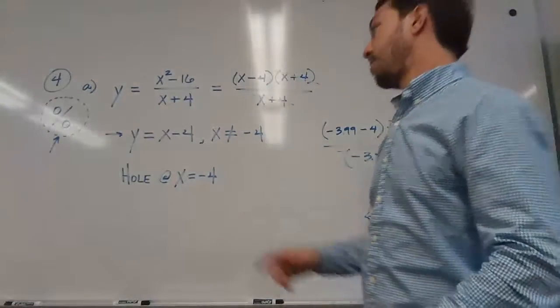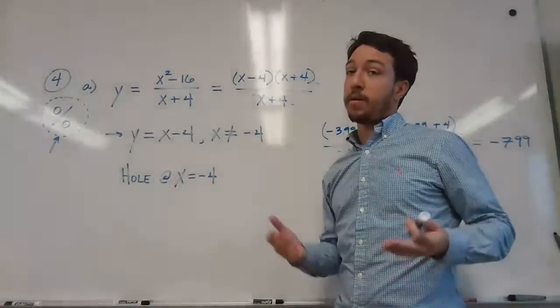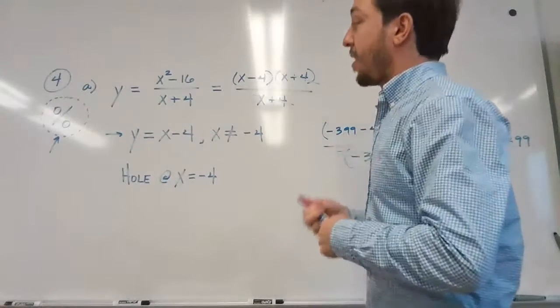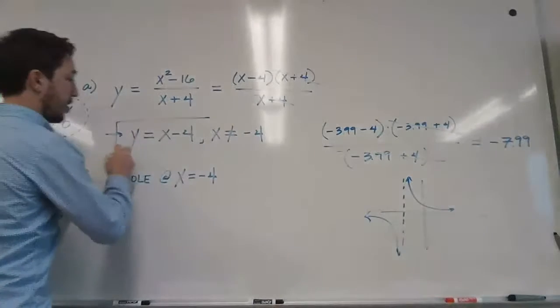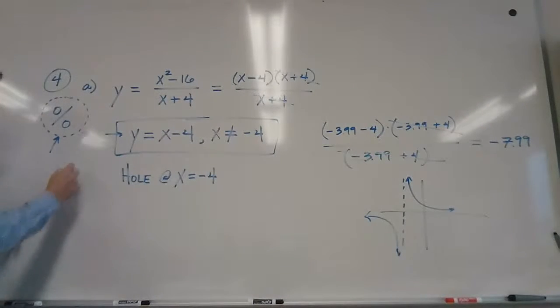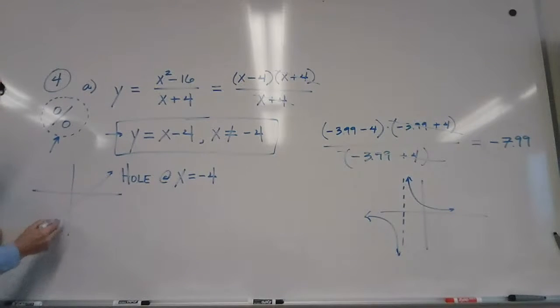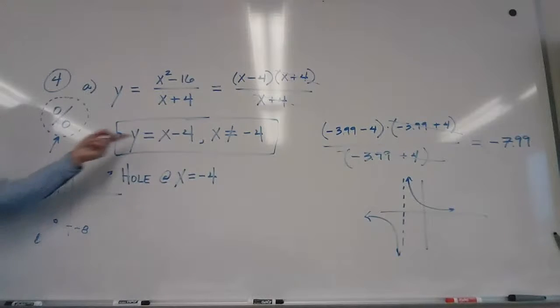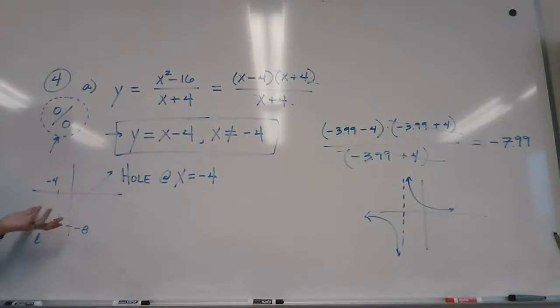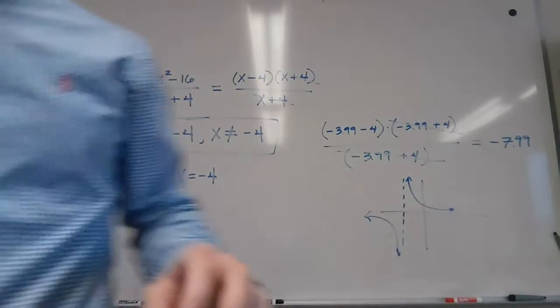Well, hopefully now our graphical understanding is such that the graph would look like this, with a hole in there at negative 4, negative 8. It's a great question because it's not obvious that that would cause this structure, but we've studied this in a graphical context enough that we can make that inference.